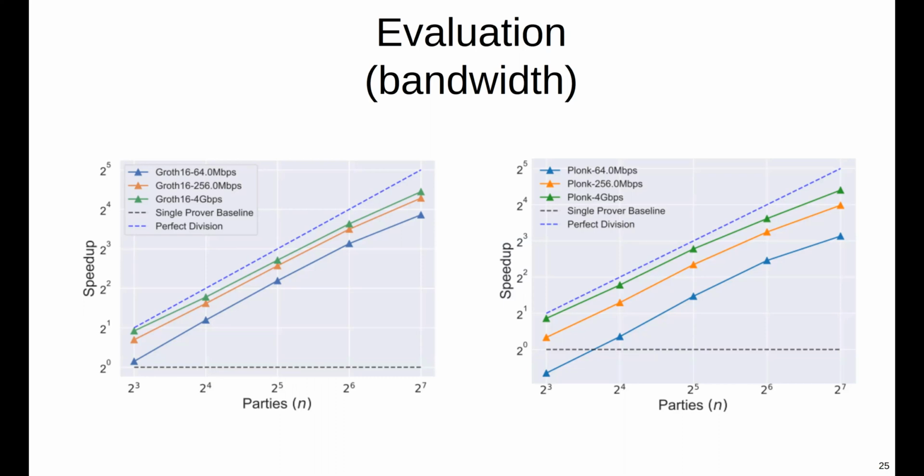If we split it and the kind of properties that we want, this is the theoretical optimal. If you see, the green line indicates when you have 4 Gbps connection between all the nodes, which is something that you can probably get in a data center.